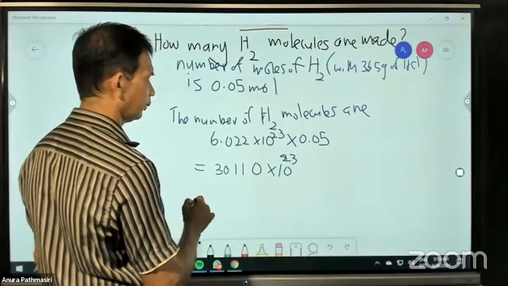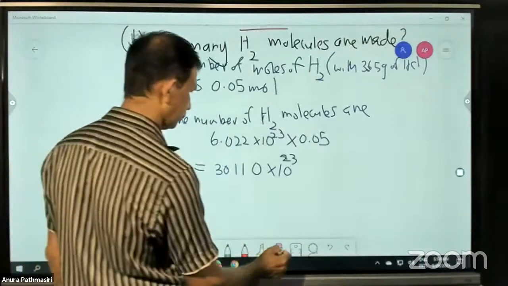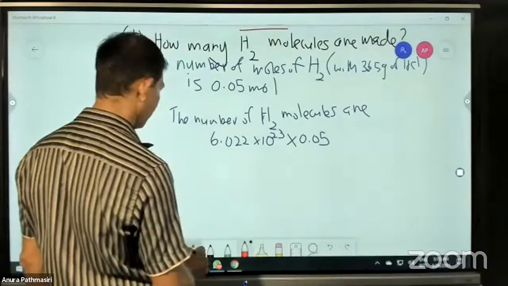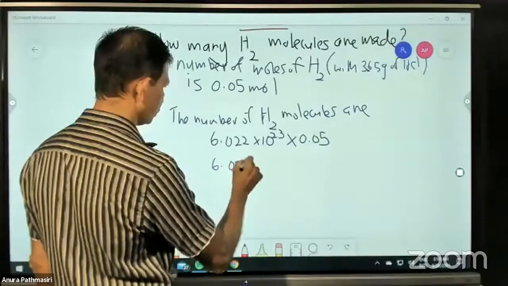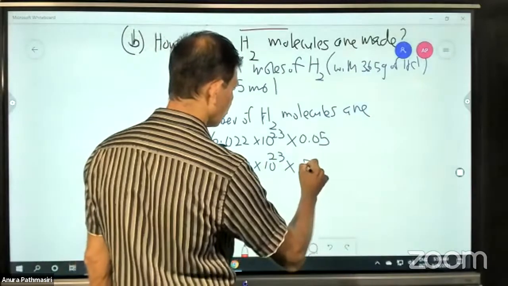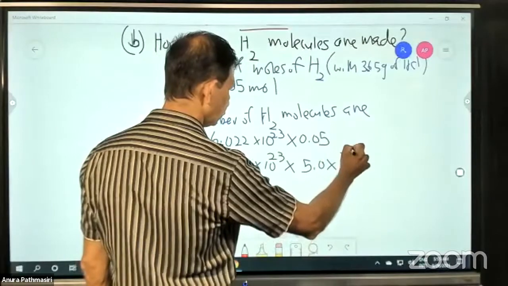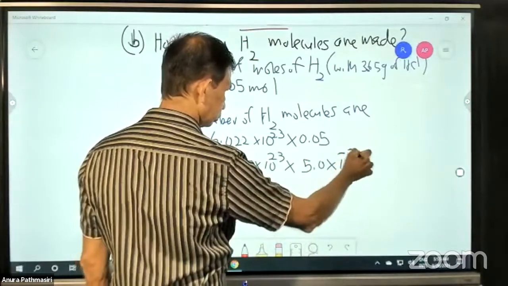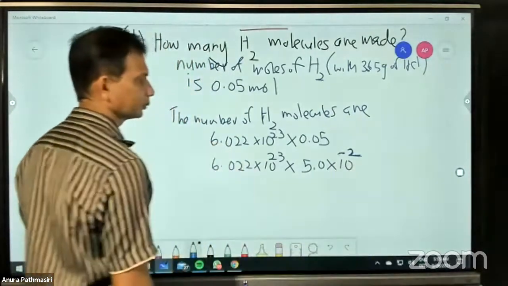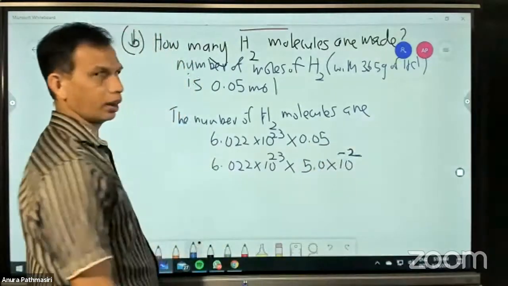I'll make it out. The best thing is to find out here 6.022 times 10 to the power 23 multiplied by 5.0 times 10 to the power negative 2. Correct? I put this one into negative.